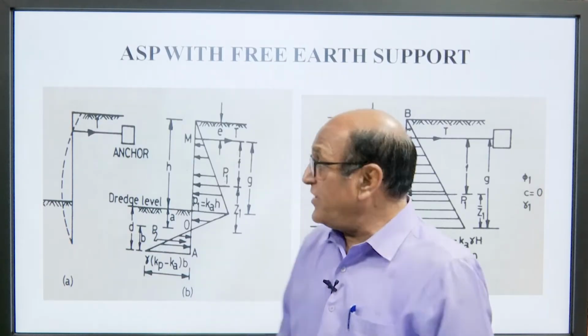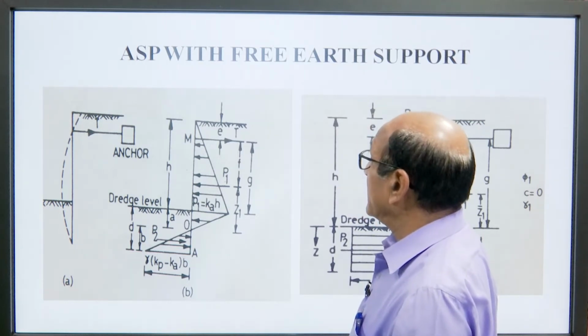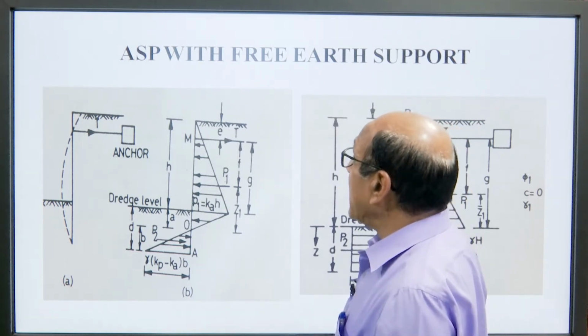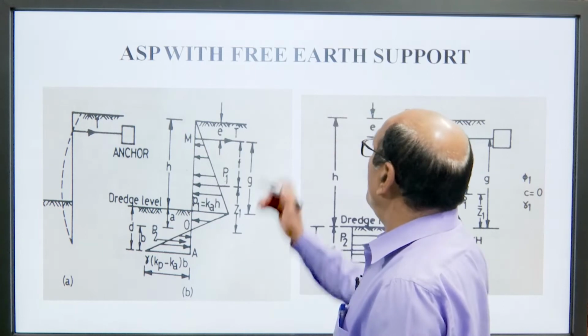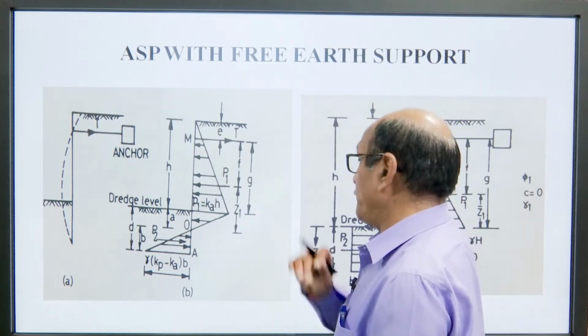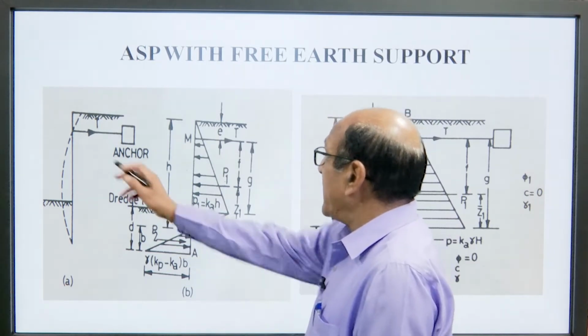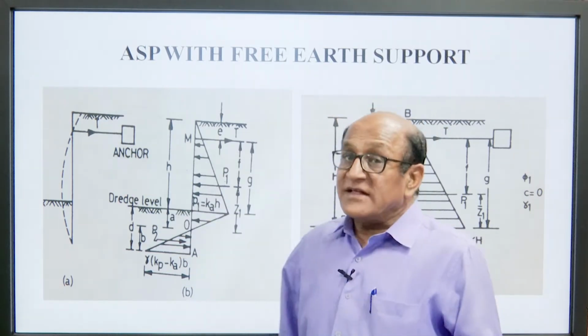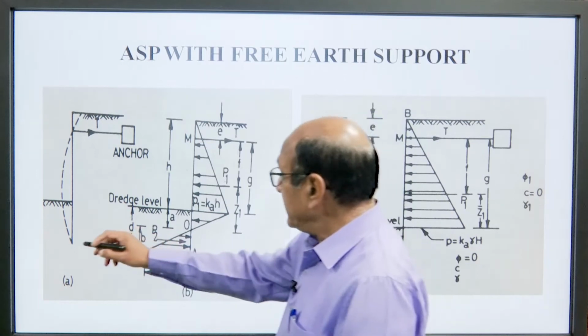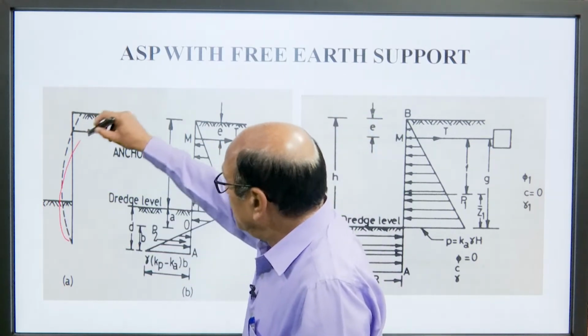So, here we can see this is the anchored sheet pile with free earth support. Here this is the anchor, and the sheet is flexible, so it will behave this way.